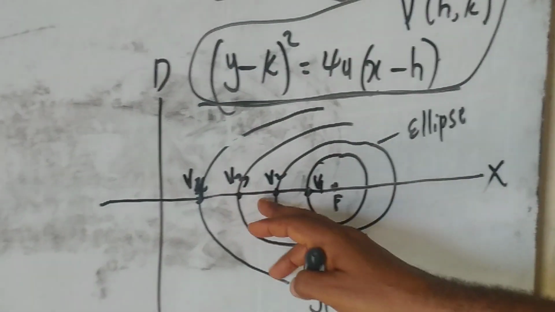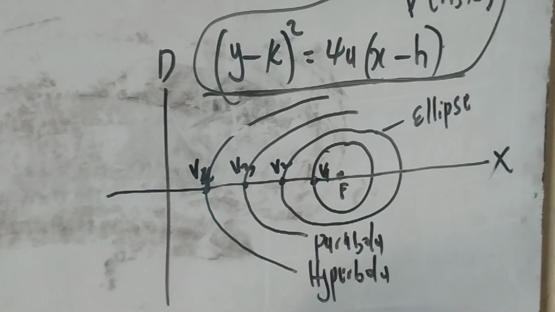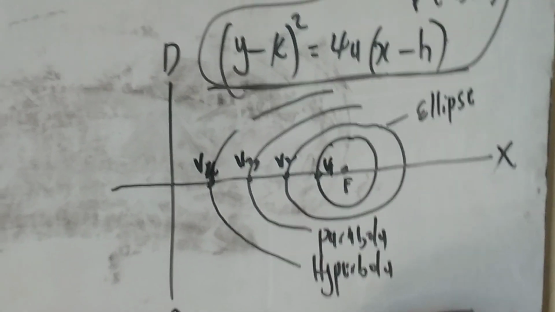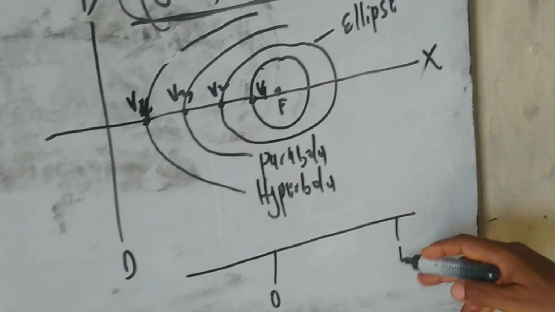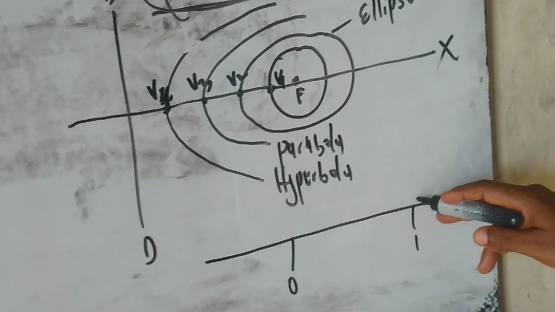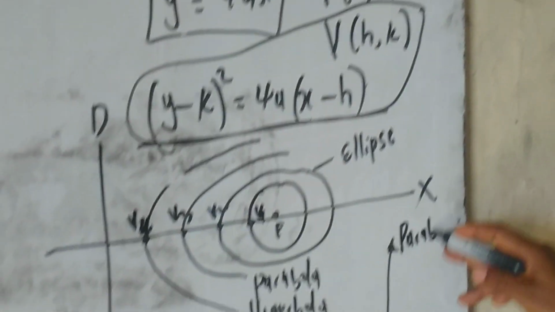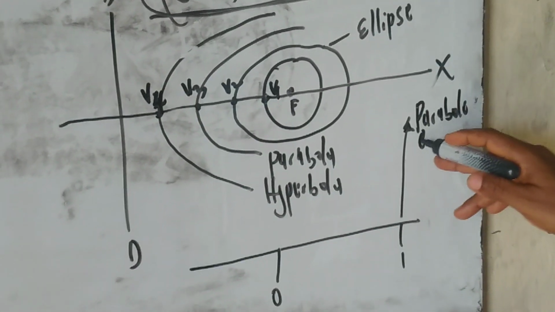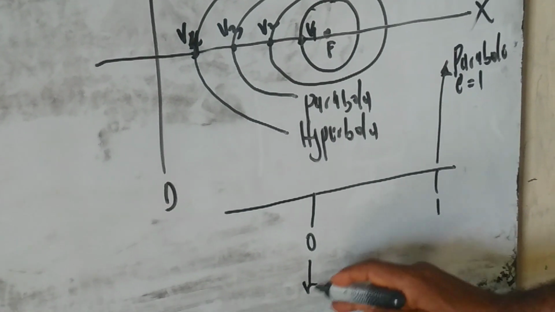We can see that as the vertices move closer to the directrix, the value of eccentricity falls between 0 and 1. The eccentricity of a parabola is 1. E is equal to 1. And the eccentricity of a circle is 0.